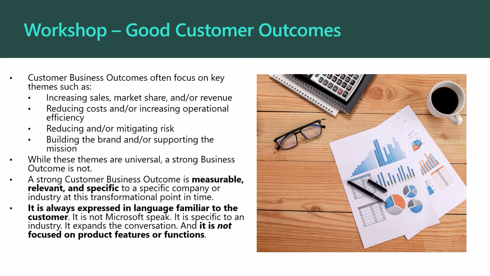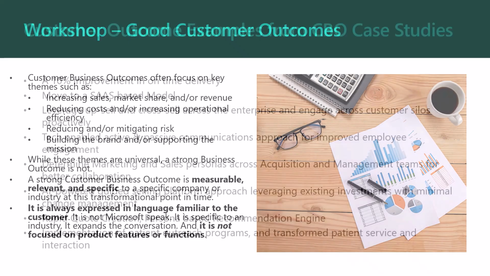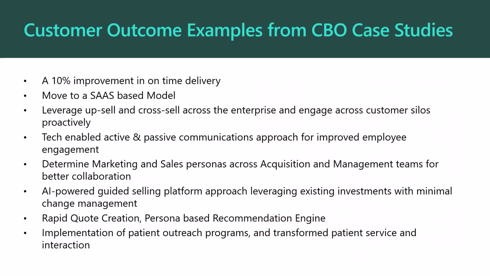That's not important, obviously. The less ACR as possible is probably what's important for the customer. But for now, we want to make sure that we hear from the customers in their own language what a good customer outcome is. And here's some customer outcomes from previous trainings and workshops that have gone on.